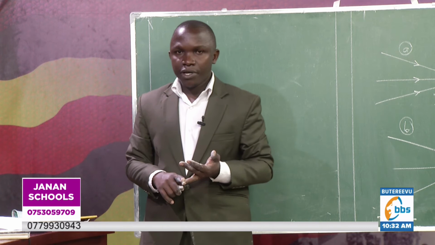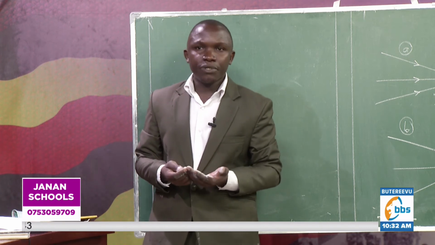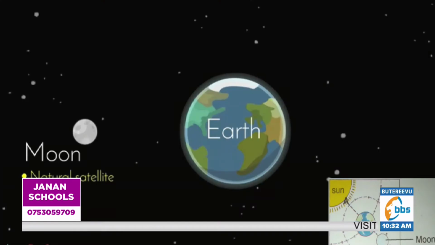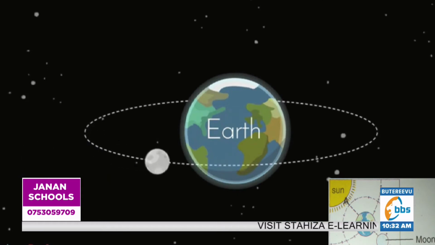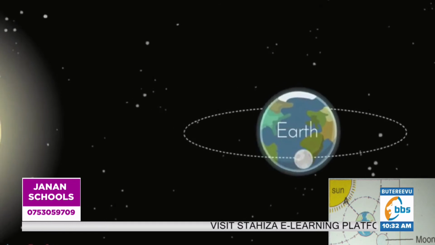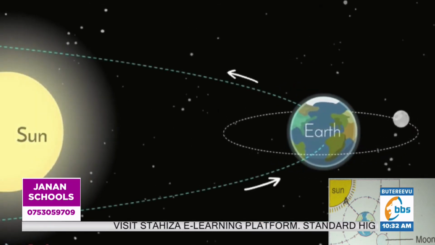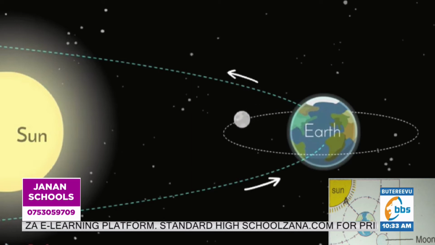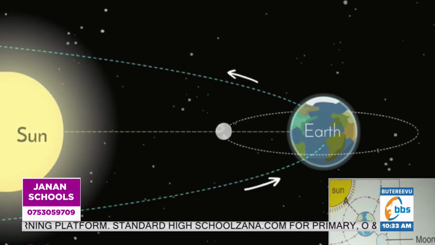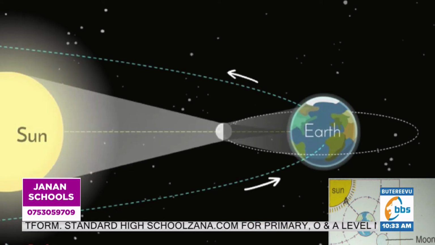Is that okay? Now, an eclipse is formed when the Moon, the Earth, and the Sun come in line, or when they line up. For example, if you look at that illustration on the board, we are seeing the Sun, the Moon, and the Earth.